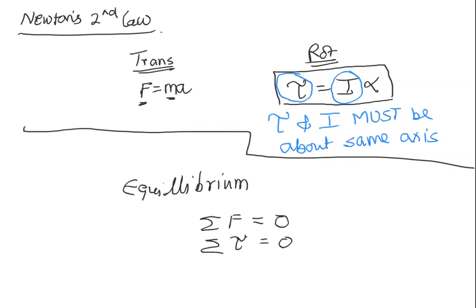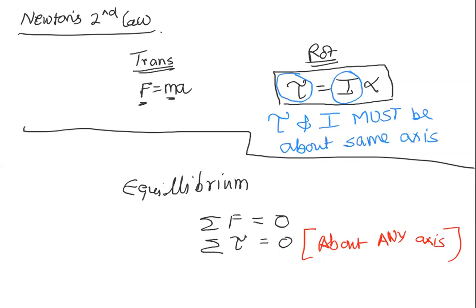And the question that will become most important is about which axis I should find torque, or about which axis torque is equal to zero for equilibrium. And here the answer is about any axis. Right? Now this is very weird, because we saw that even if about a particular axis the torque on a system is non-zero, then you can always shift your axis to a point where the torque can become, or may become, zero.